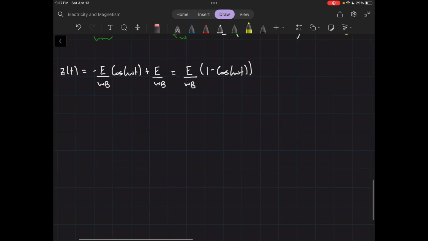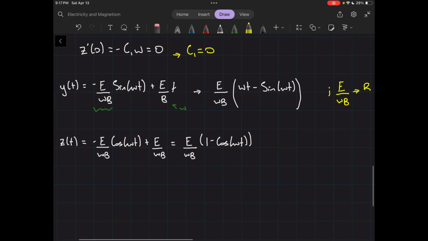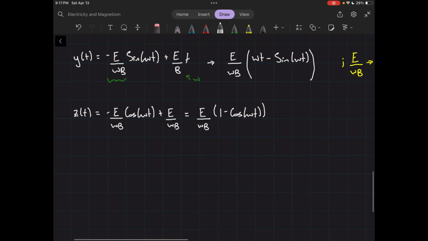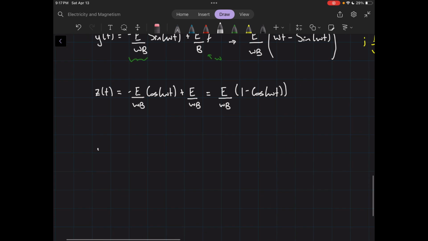So we'll call that r, and then these equations become y of t equals r omega t minus r sine omega t, and z of t is equal to r minus r cosine omega t.